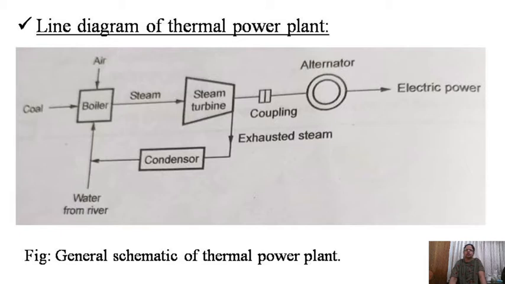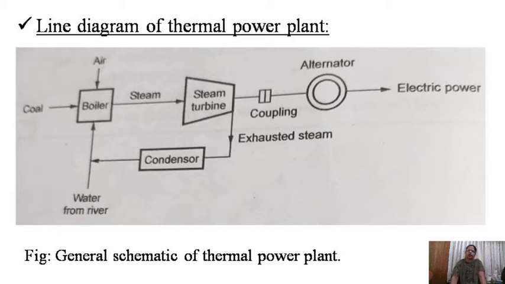The exhausted steam is passed on to the condenser, where it is cooled, and again it is used for the production of steam in the boiler. That is, the exhaust steam is passed on to the condenser and then to the boiler, and it is used again and again.